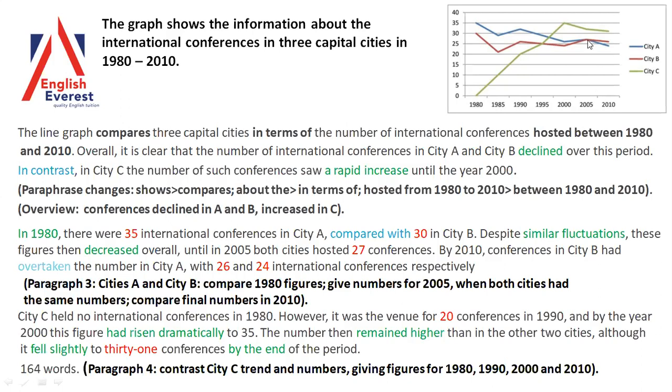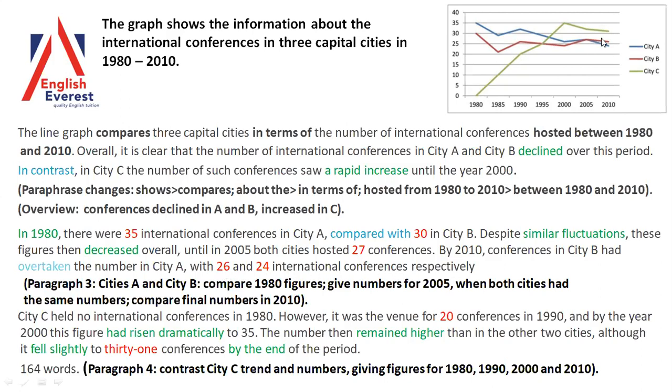There's 2005 there. By 2010, conferences in City B had overtaken the number in City A, with 26 and 24 respectively.